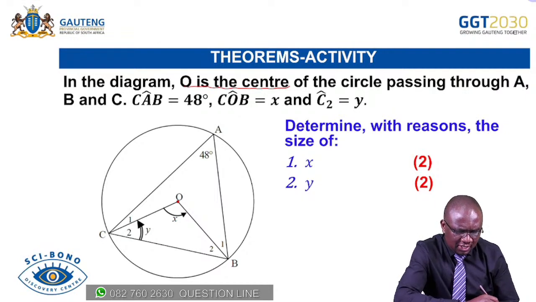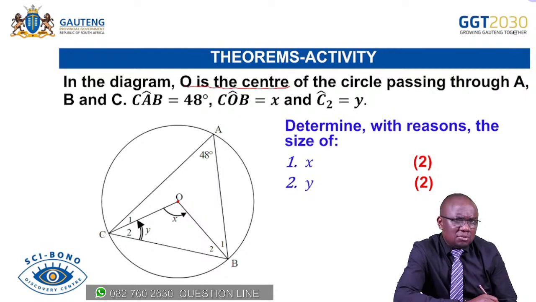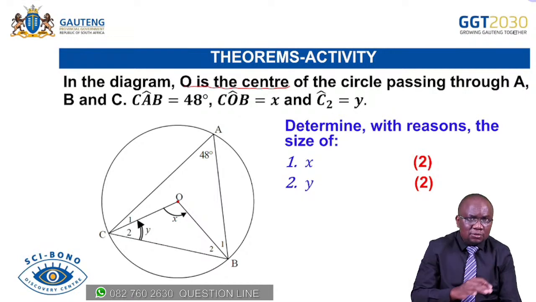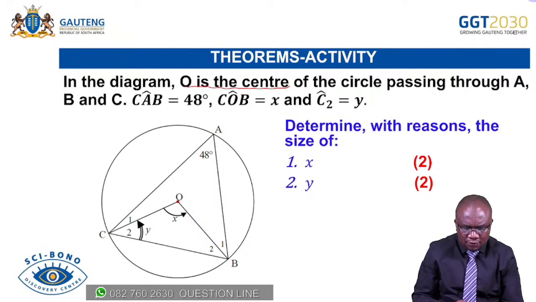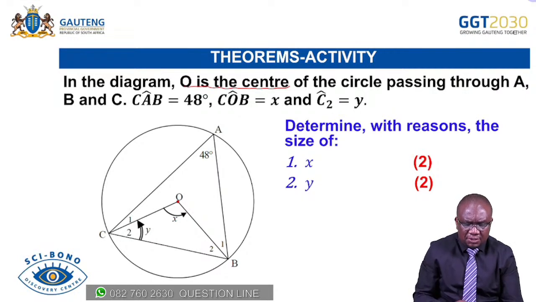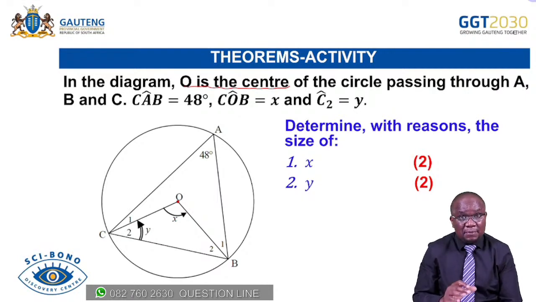Which arc subtends angle 48? Ask yourself those questions before you even look at the question, just looking at the information. I'm going to give you 3 minutes to try to determine the value of X and Y. Let's try.